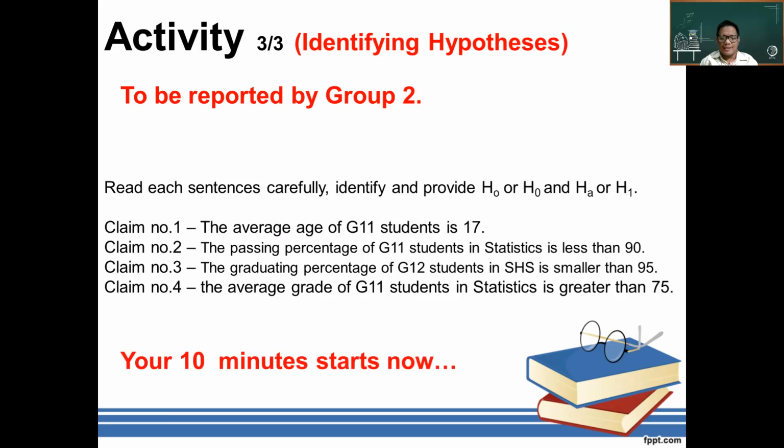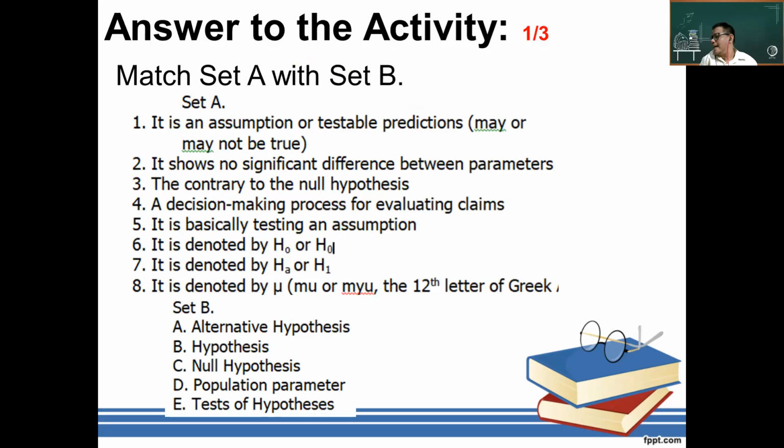Okay, your 10 minutes starts now. Last 5 minutes. Make sure to write all your answers on the manila paper. If you are done, you can start posting your manila papers on the board. Okay, time is up.